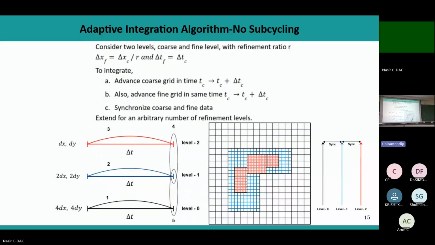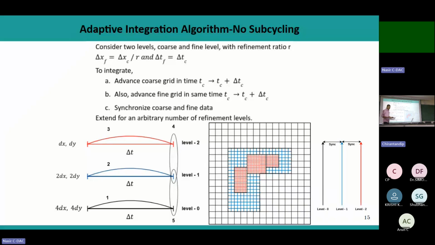Yes. The other one we encounter is subcycling. Only when I take the integration on the coarse level, then we can take the integration on the first level, and we can take the integration on the second level.